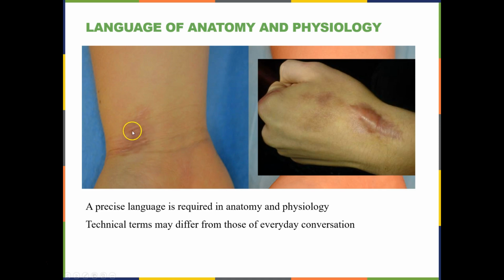This one is close to the intermediate region of the wrist. Do you see that? Whereas this one is way closer to that thumb. That would be like way over here on this hand, right? So you have to learn the language so that you can describe it a lot easier.